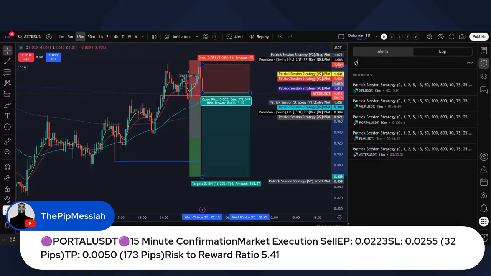Risk is 3.02. Stop is 1.013. 1.064. 51 pips. And 0.859. That's 454 pips.